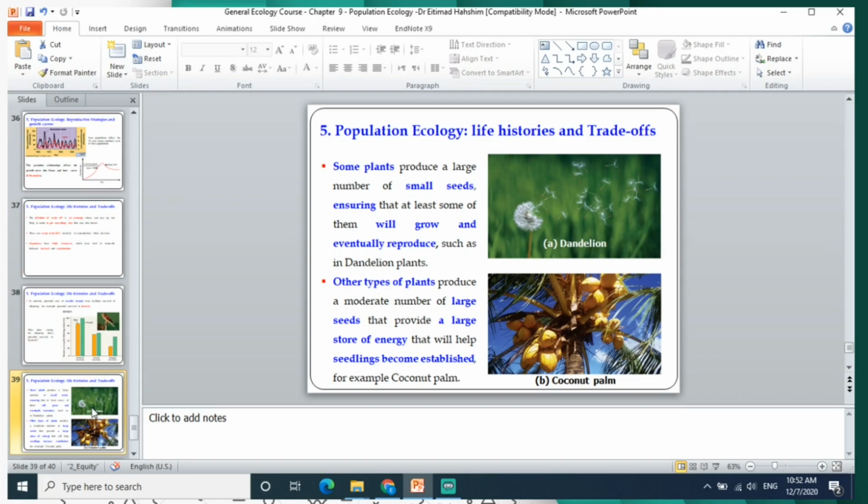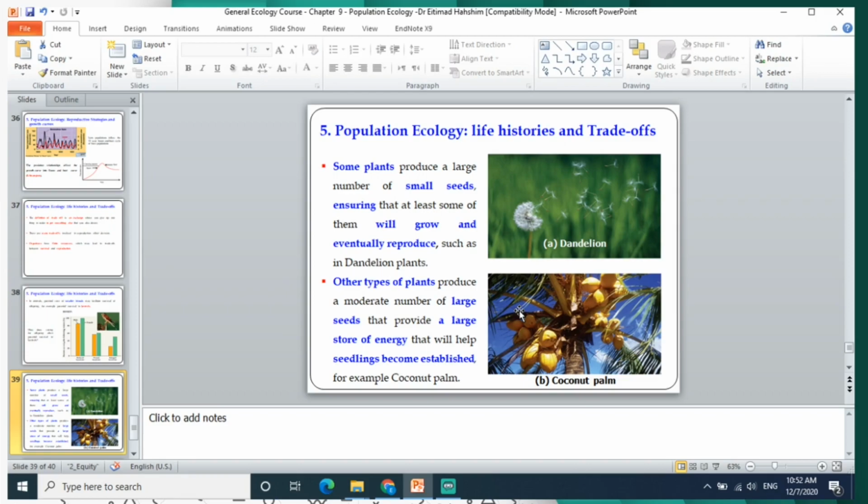Let us have an example. Some plants produce a large number of small seeds. At least some of them will grow and eventually reproduce, such as dandelion plants. Some other plants produce a moderate number of large seeds to provide a large store of energy that will help the seedling become established.